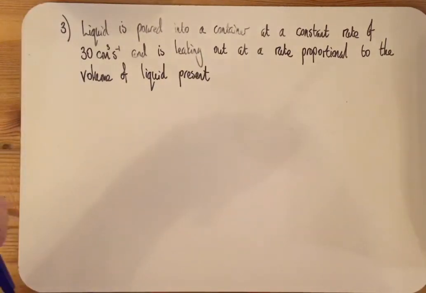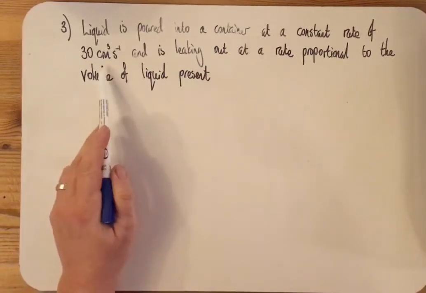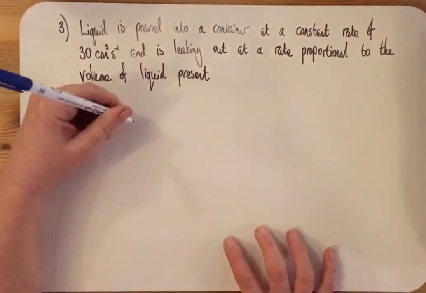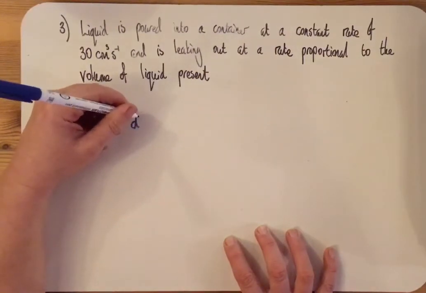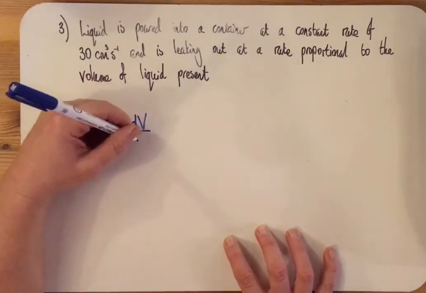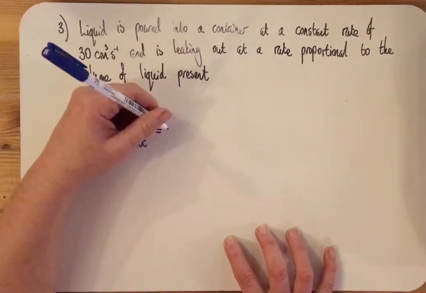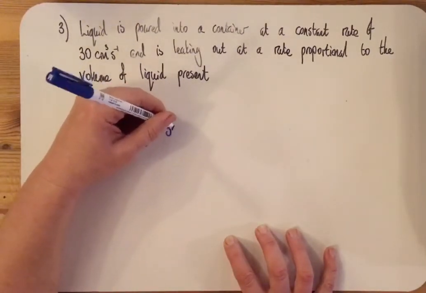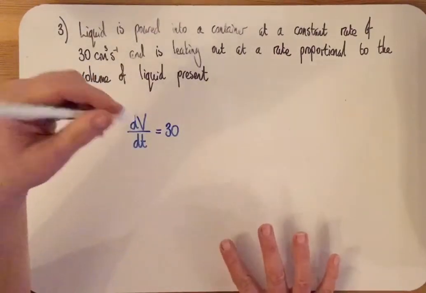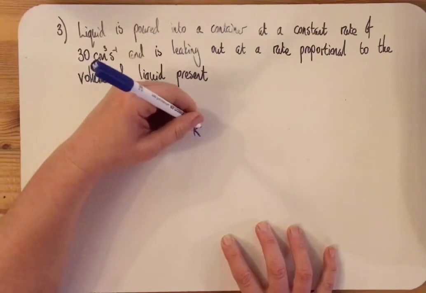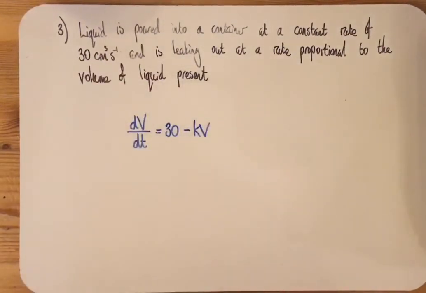Pouring in at a constant rate increases the volume, so the rate of change of the volume is 30 from the liquid being poured in, and then it's leaking out at a rate proportional to the volume present. So dV by dt equals 30 minus kV.